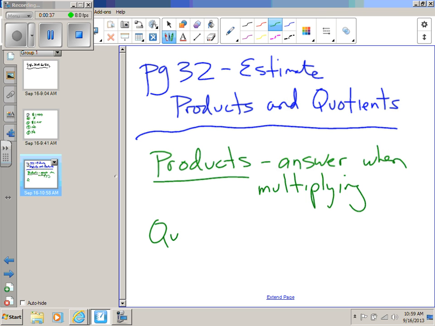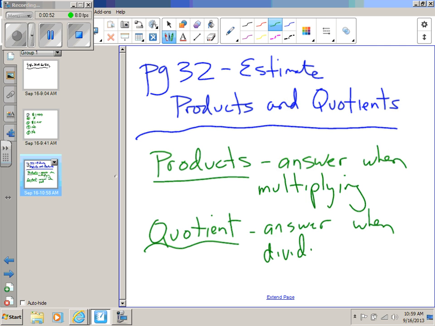So then that must make the quotient. Good. The answer when dividing.